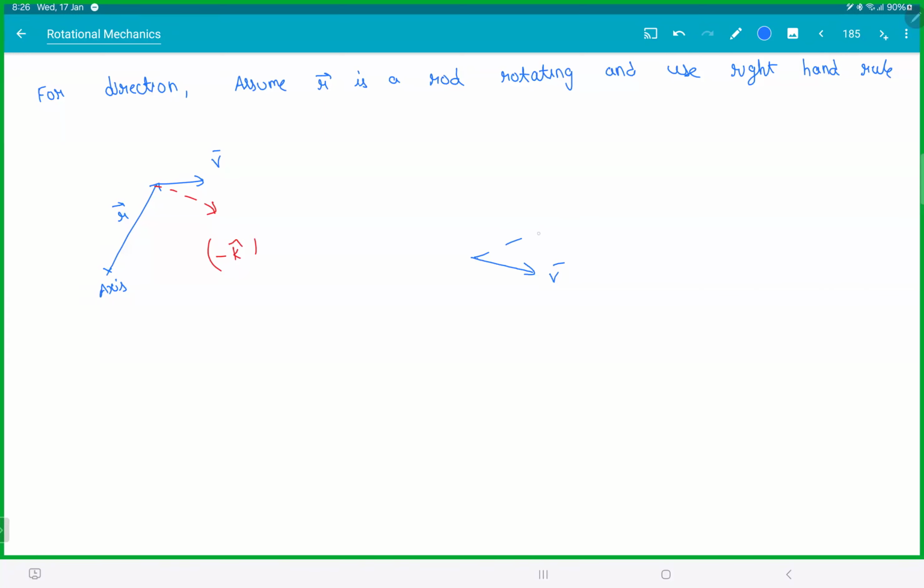If this is your v, this is your axis, and this is your r bar, same thing here. This rod would have rotated this way, so this is a plus k cap rotation. Check.